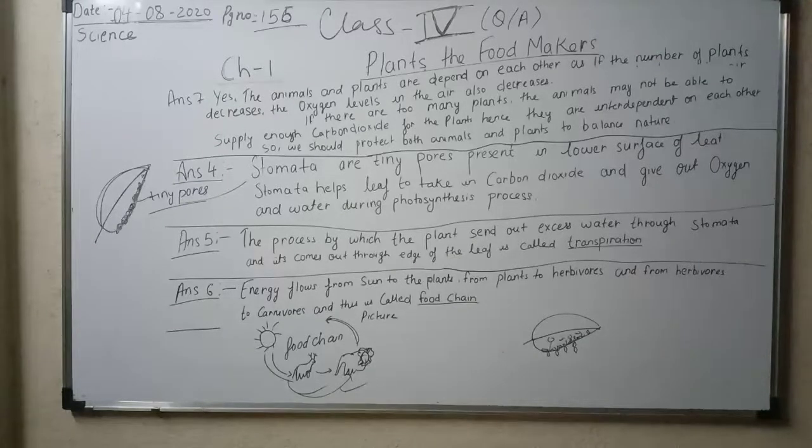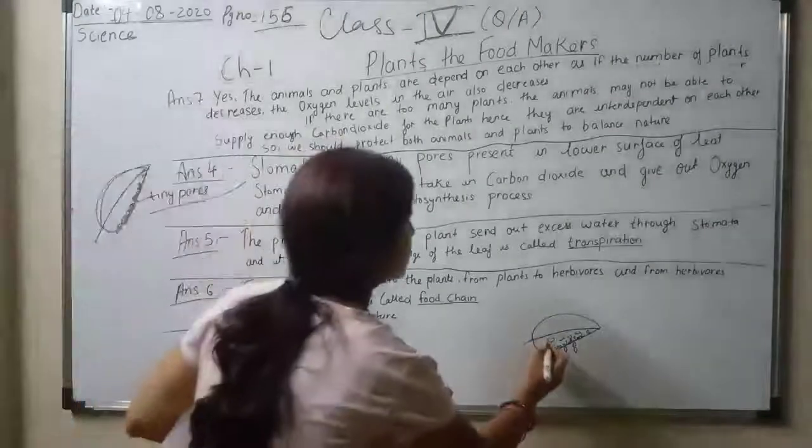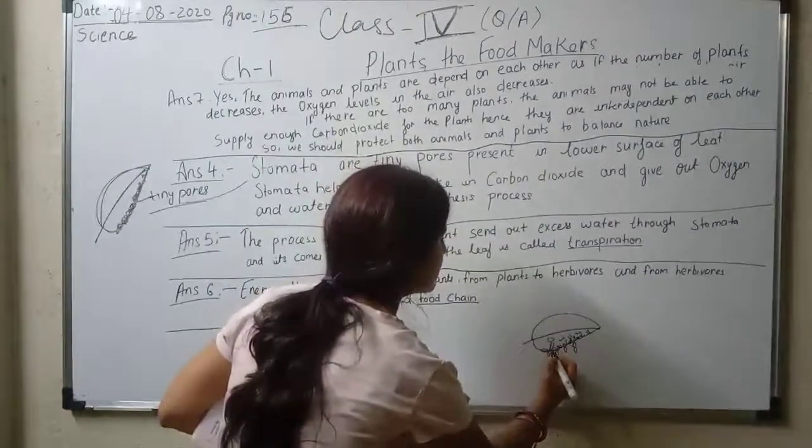Usually you will see this in the winter season. In winter, due to the fall of dew, we all know that dew falls in the morning time. Plants don't absorb all the dew droplets. Whatever they absorb is okay, but whatever they are not able to absorb, excessive water comes out from those pores, and from these pores water falls on the edge of the leaf.